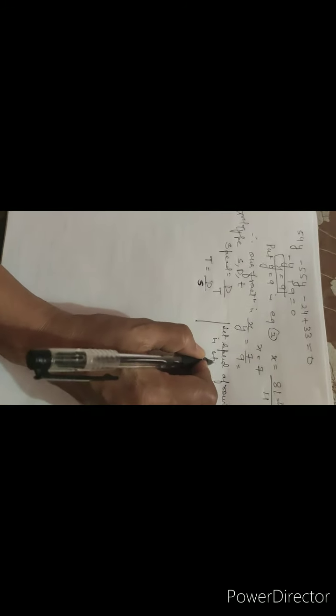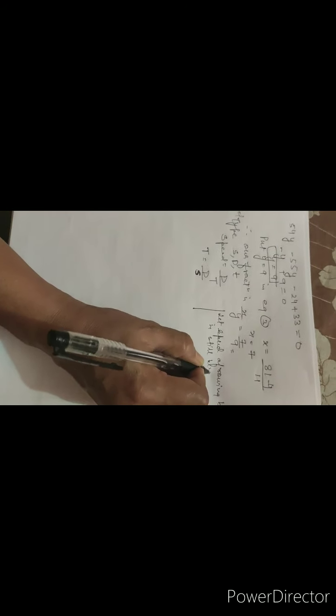let the speed of rowing boat in still water be x kilometer per hour and the speed of current of the river be y kilometer per hour.